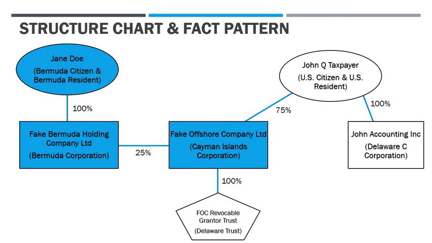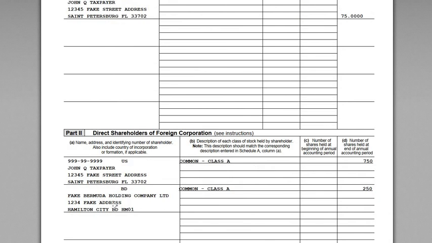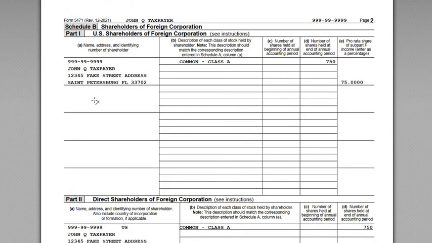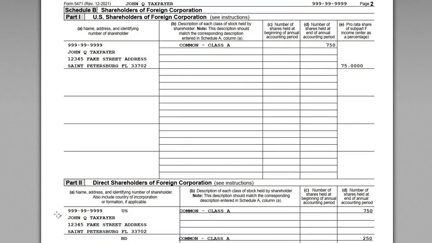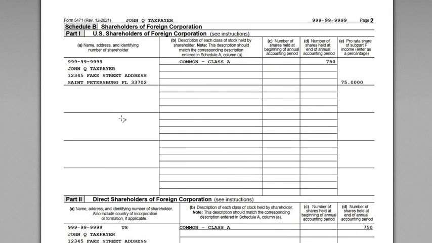You're always a U.S. tax resident. So if she had this same structure chart, and she owned her interest in this offshore company via the Bermuda holding company, then the way that we would modify this Schedule B here, we would still list these two as the direct shareholders, but in addition to listing John up here, we would list Jane's information, right? Because if Jane was a U.S. person, a U.S. shareholder, and she held her interests via a Bermuda company, or even perhaps another foreign partnership or something to that effect, then we would have to disclose her U.S. shareholder ownership interests up here.